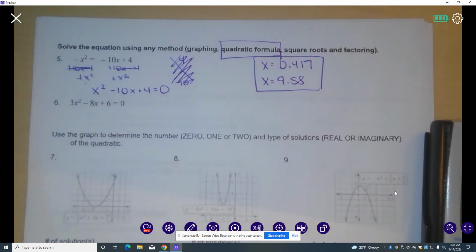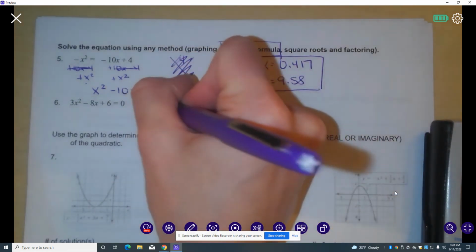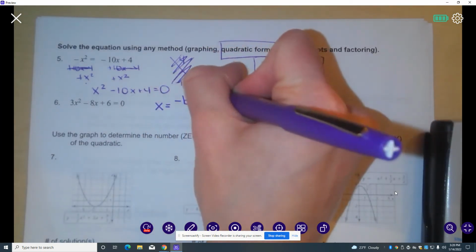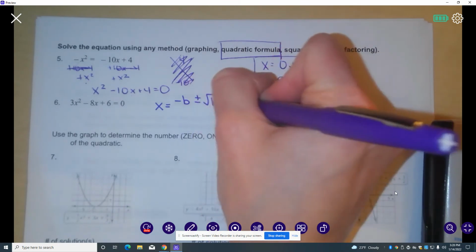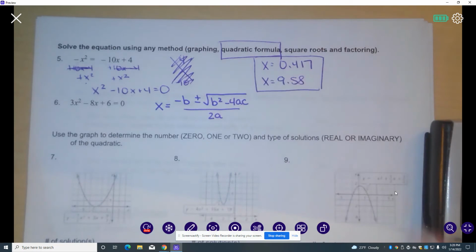Okay. So you're going to have this formula given to you on the formula sheet, but I'll go ahead and write it out here. So our quadratic formula is x is equal to the opposite of b plus or minus the square root of b squared minus 4ac, all over 2a.